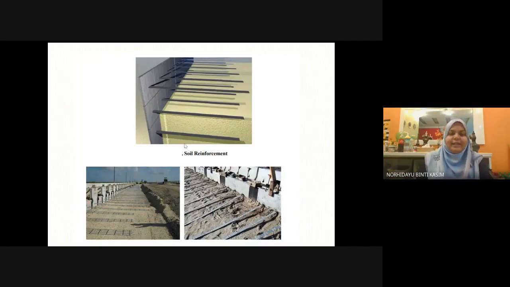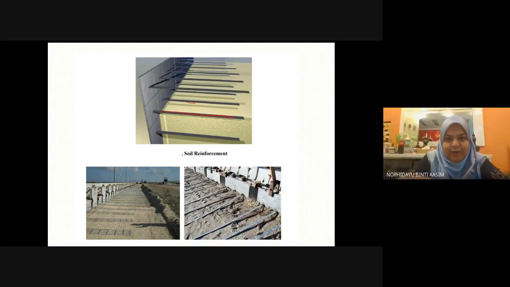Okay, so this is the figure of the metal strip. In the first figure, the yellow color is the soil, and then you have the metal strip here. You have to determine how you want to arrange your metal strip.